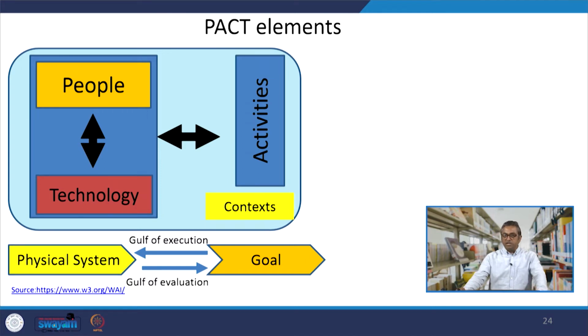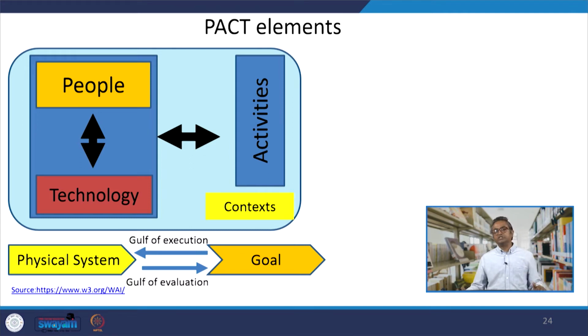Now, this model is what you are seeing on your screen. We have discussed it earlier when we were talking about the 7 action stages of Norman. We discussed that when a user has to reach towards a goal, there are 3 stages in the execution, and there are 3 stages in the evaluation.